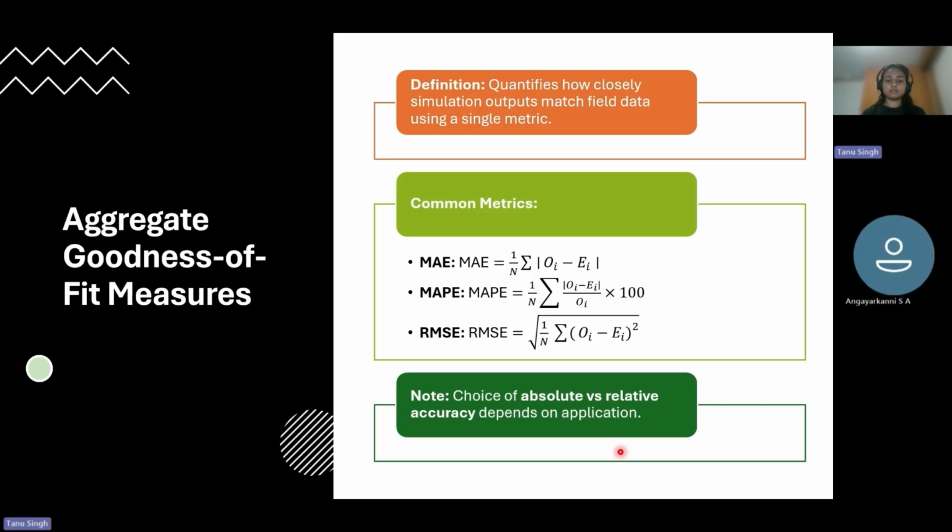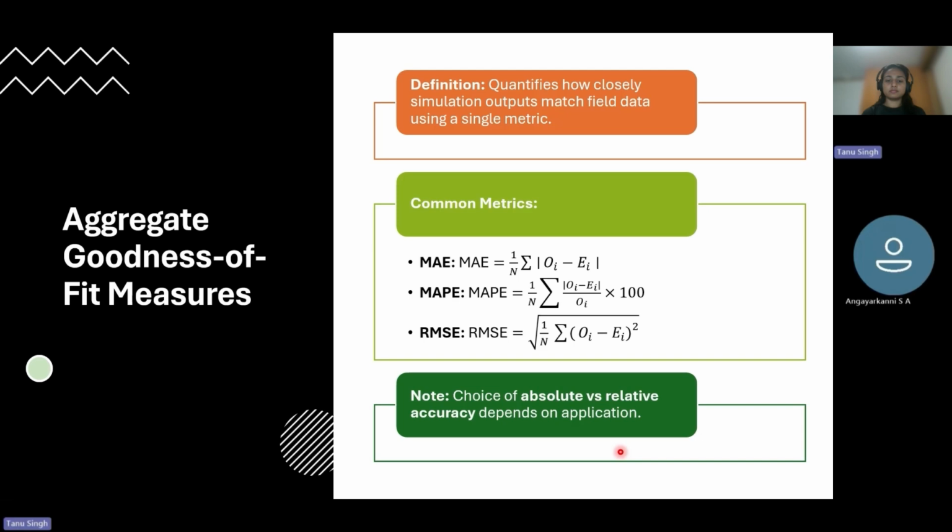Then we have MAPE, that is mean absolute percentage error. Then we have the RMSE, that is root mean squared error. Here O_i is the observed value, whereas E_i is the simulated value.